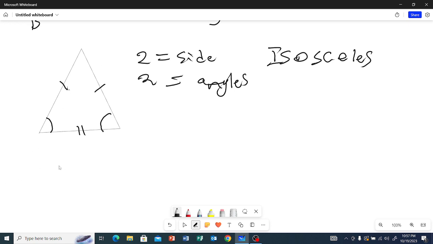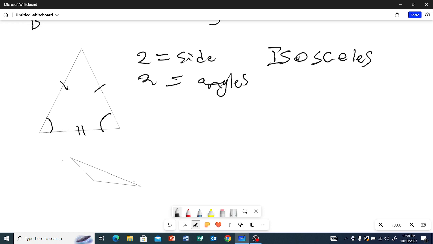Okay, let's take something like this. Now this is another form of a triangle. You can clearly see that all the sides are not equal.